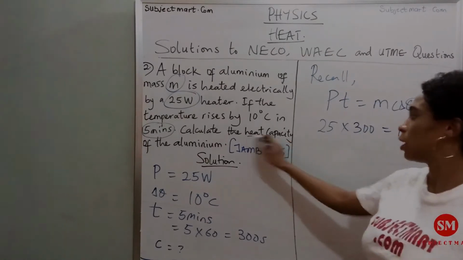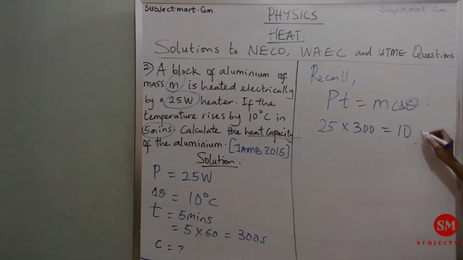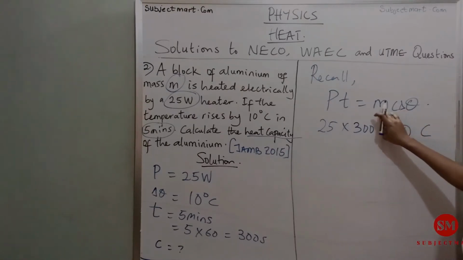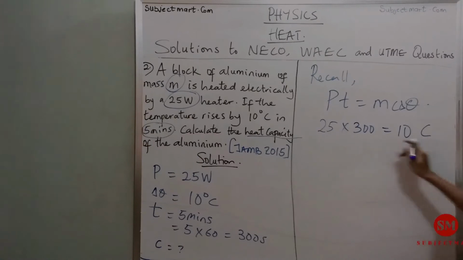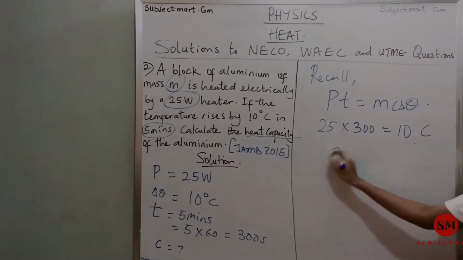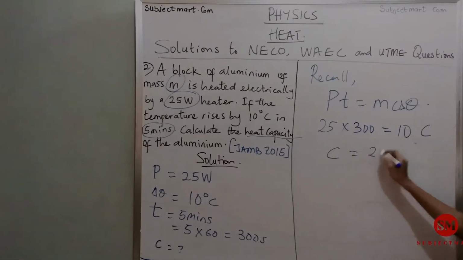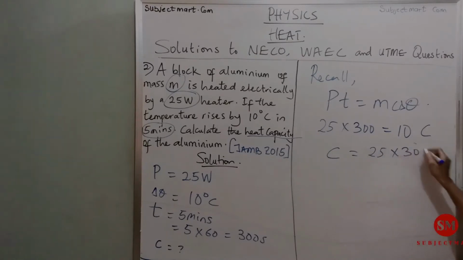The question asks us to find its heat capacity, which we don't know. So I'm just going to leave the mass out of it since the mass is M and there's no value for it. So we'll go ahead and make C the subject of formula. So I have C is equal to 25 times 300 over 10.